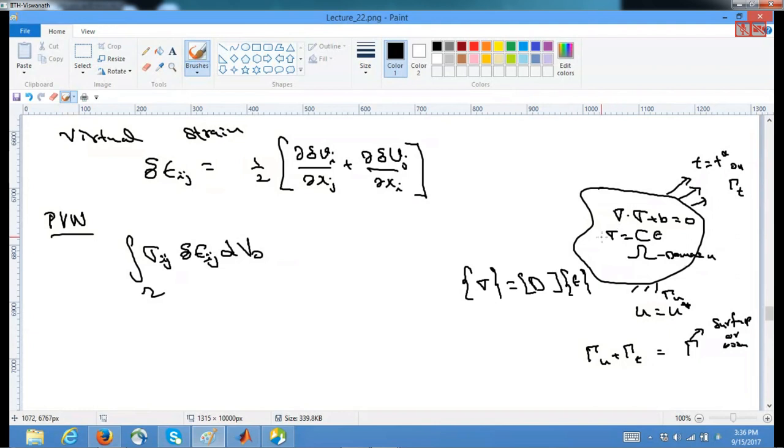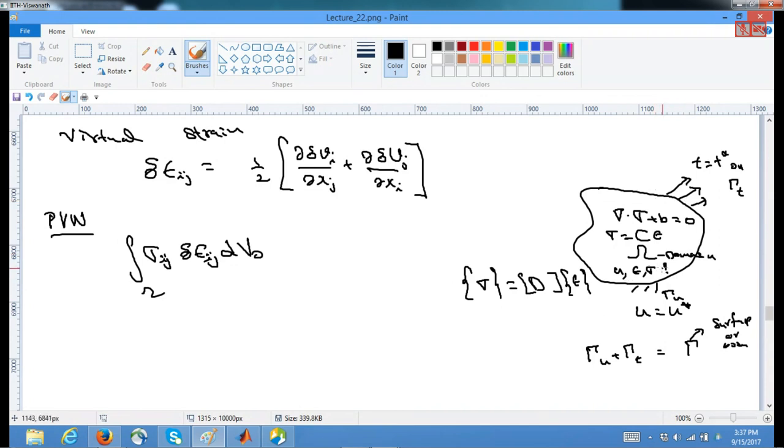So given this material, this is the governing differential equation within this domain, and along this boundary it is constrained, and along a certain boundary it is loaded. Then what is our displacement, what is our strain, and what is our sigma at each and every point in the body?